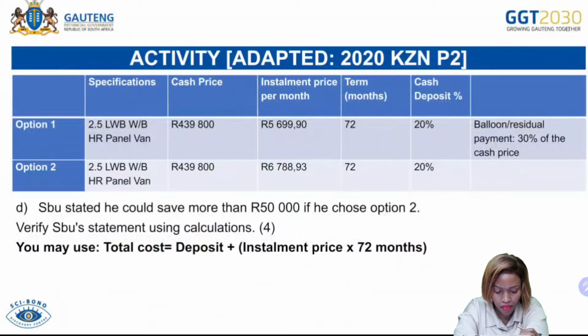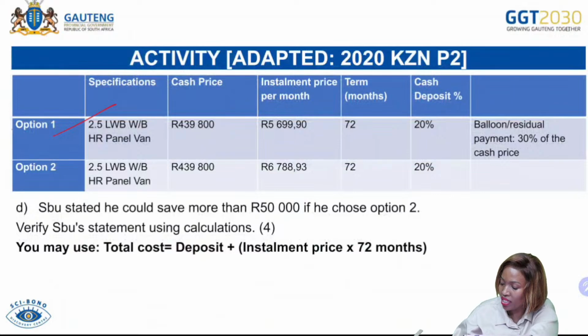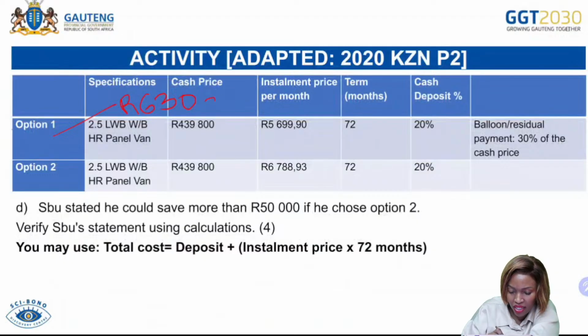D, Sbu stated that he could save more than 50,000 rands if he chose option 2. Verify Sbu's statement using calculations. Remember, with option 1, how much did he pay? We said he paid 630,292 and 80 cents.